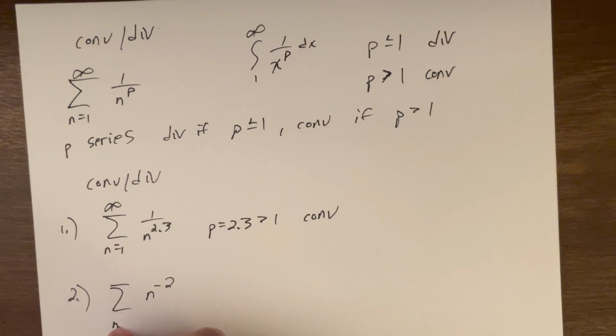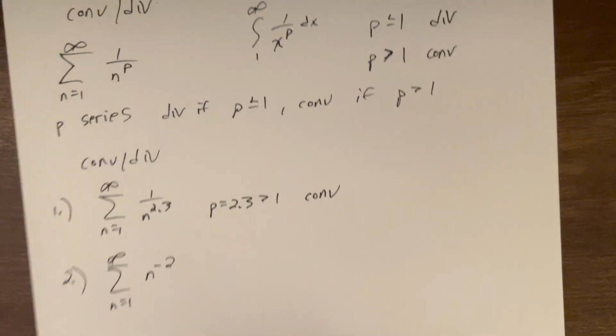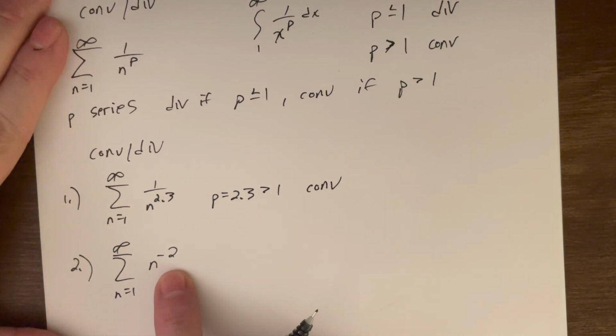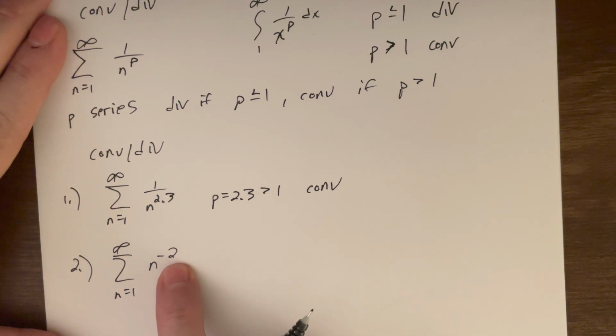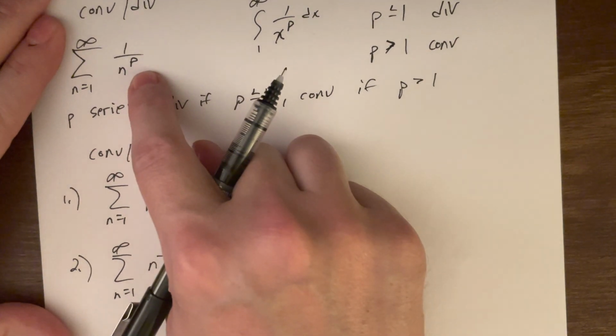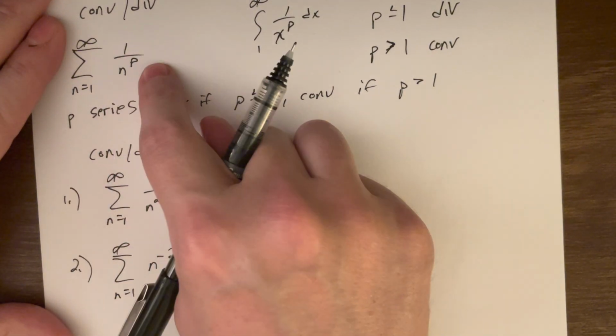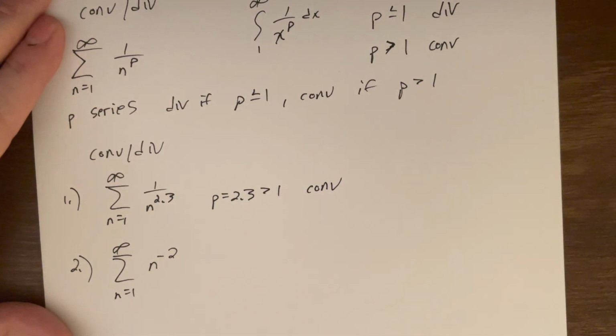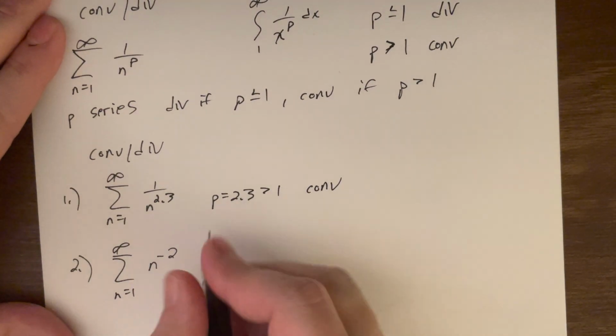Number 2. n to the negative 2 power. Well, first thing some people do, people say to themselves, oh, well, p is negative 2, but that's missing a very important piece, everybody. A p-series is specifically 1 over n to the p power. So you have to have that n in the denominator. So p does not equal negative 2 here.